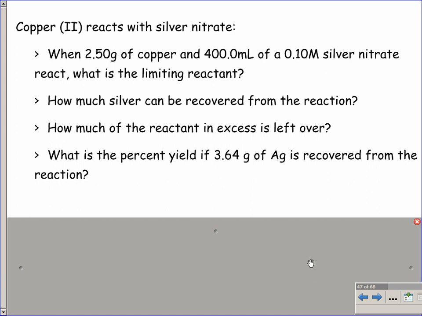So it's asking how much silver. How much of the percentage? Did you write that out somehow, or did you just use the ratio?